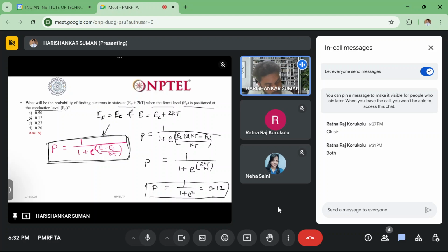EF is at the conduction level, so EF equals EC, and the state E equals EC plus 2kT. Put these values in this equation and you will get the probability 0.12, in percent 12%.